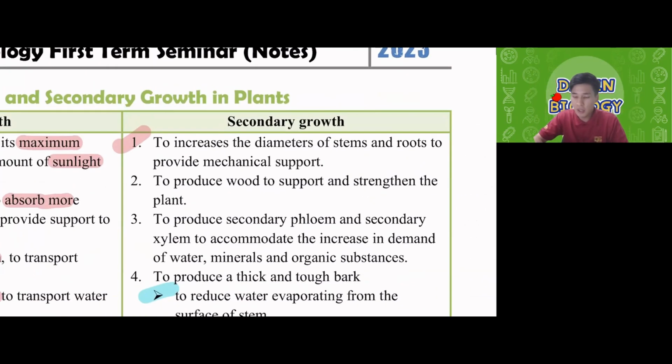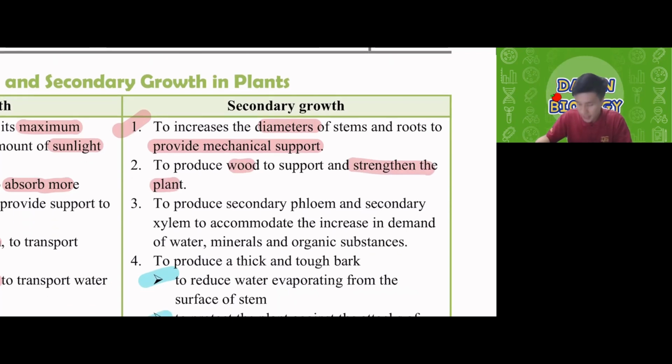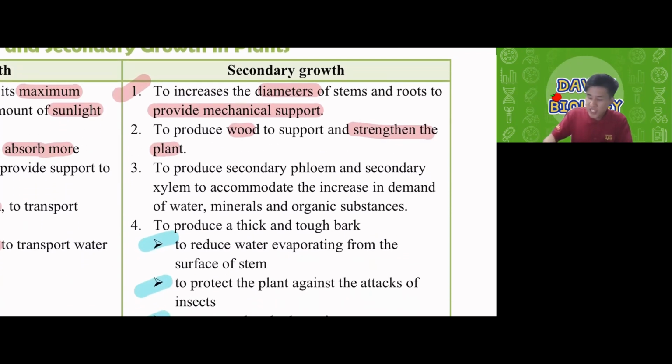And secondary, same as just now, increase diameter. As you become thicker, you'll be more stable. And other than that, it's not just becoming thick to increase the base area, but as you become thick, you have wood, which makes you also stronger. Okay. And they say here, produce secondary phloem, secondary xylem.